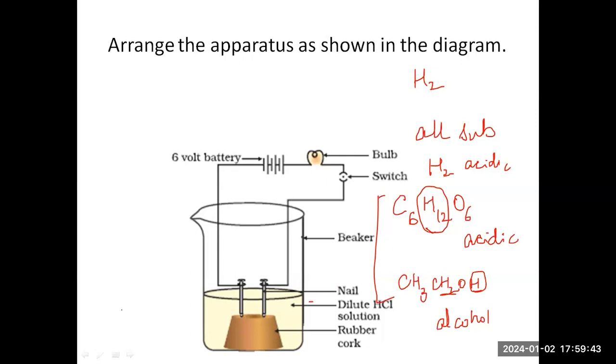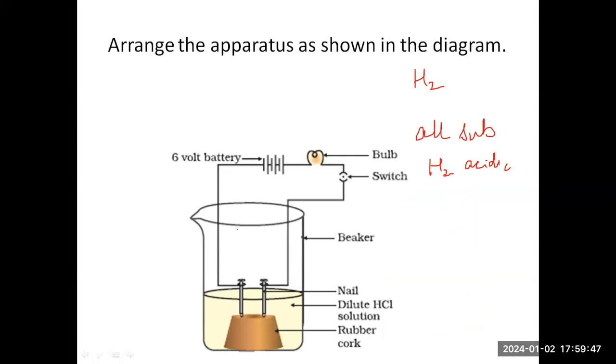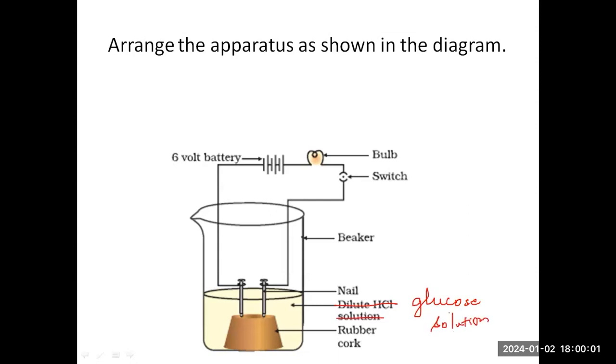If we need to find out whether they are acidic or not, we can use the same setup. What we have to do is, instead of dilute hydrochloric acid solution, let us have glucose solution. Rest of the things are the same.